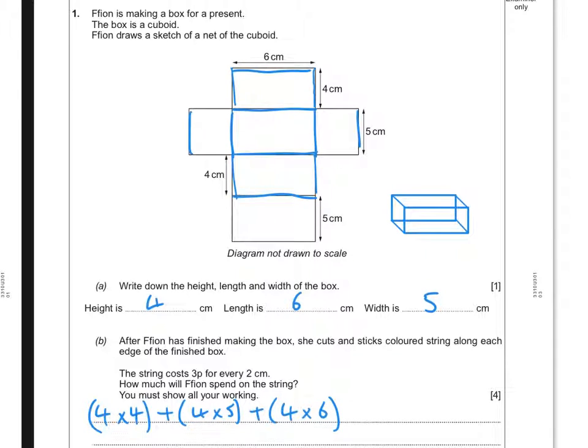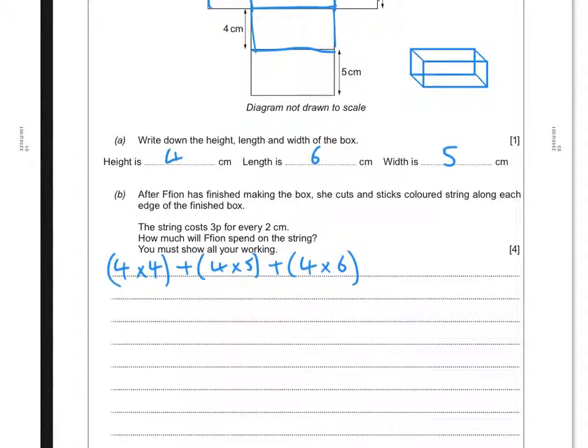So when I work this out, 4 4s give me 16, 4 5s are 20, and 4 6s are 24. So that should give me a distance of 60 centimeters. Now, for every 2 centimeters it costs me 3p. So the first thing I'm going to work out is how many 2s go into 60, which is 30 of them.